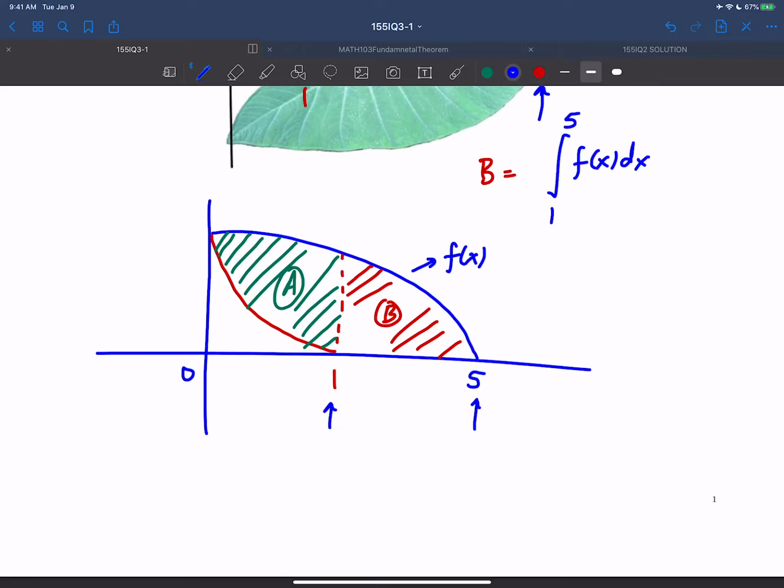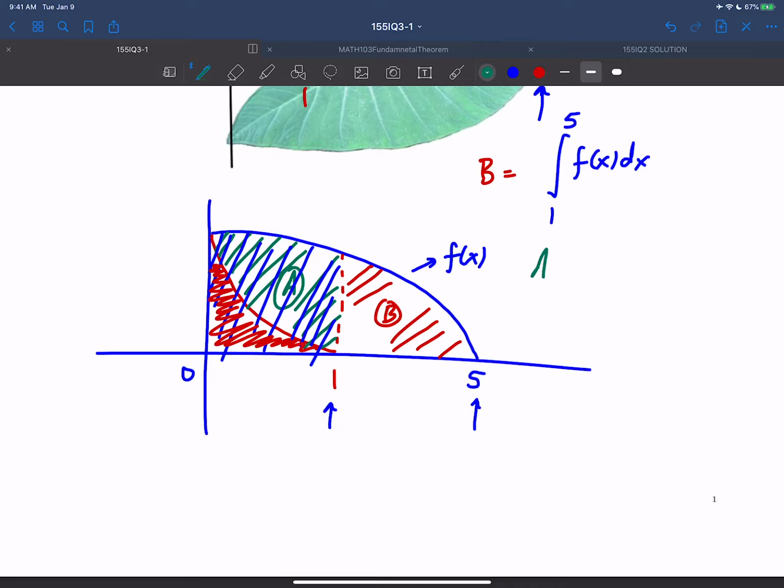But for the area of A, the area under the function f of x is the whole thing, but you want just this green portion that I shaded. So you want to get rid of this extra area from the bottom. What you can do is find the total area, and take away the red portion to get the green one.